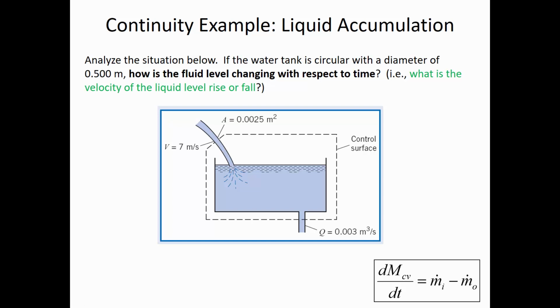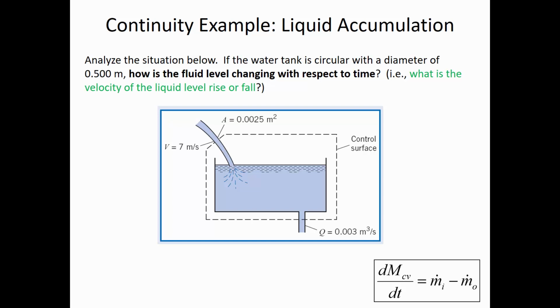We can turn this volumetric flow rate into a mass flow rate, and you can turn this velocity and area into a mass flow rate. But what we're trying to figure out is how quickly the liquid level is rising. So that's actually a volumetric question.